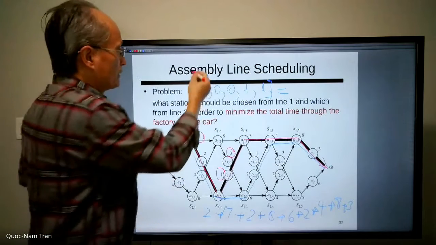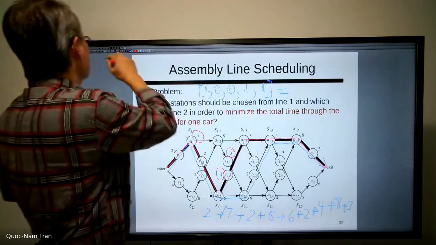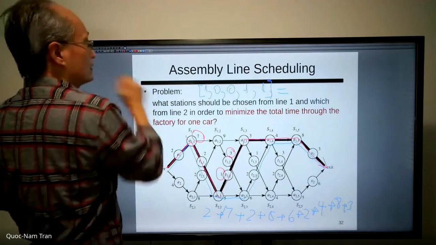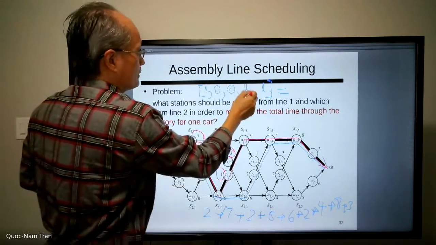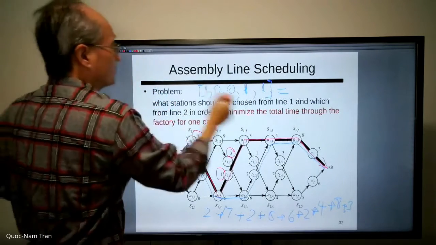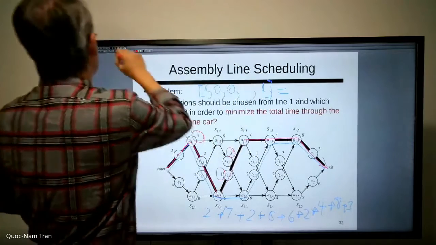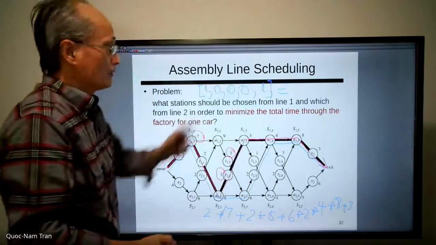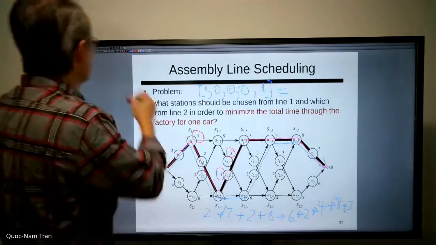For example, the other possibility may be here. So it can be 0 here, right? Okay. If it's 0 here, then we have a different way.